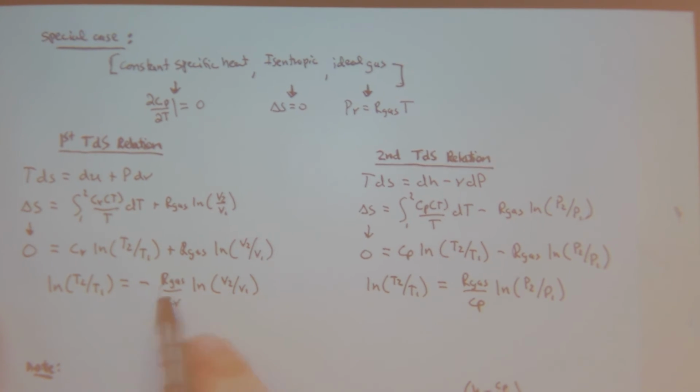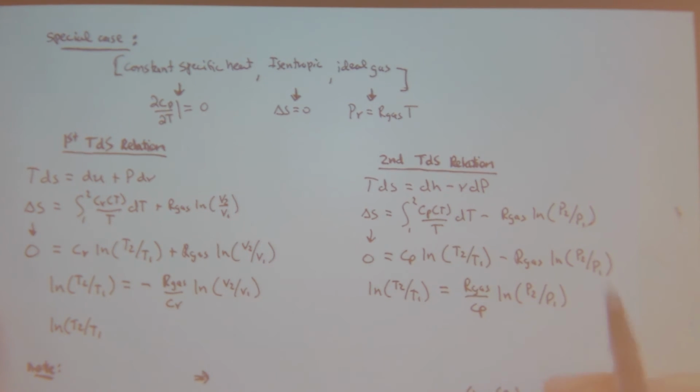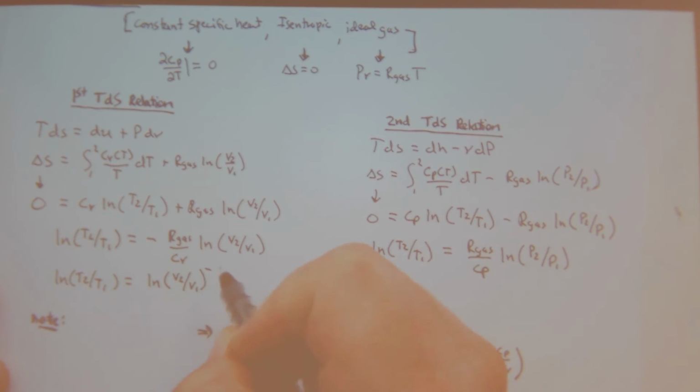Now, when I have a number in front of a natural log, that's equivalent to bringing the argument of the natural log to a power. So I get the natural log of T2 over T1 equals the natural log of V2 over V1 to the minus R gas over Cv.